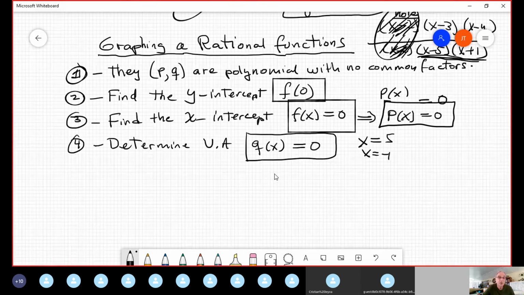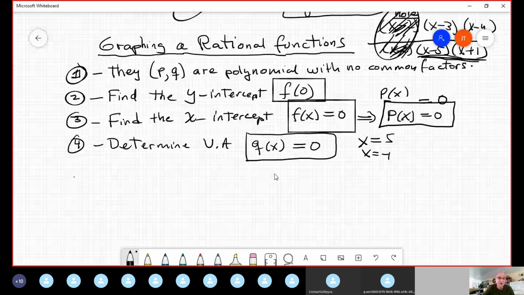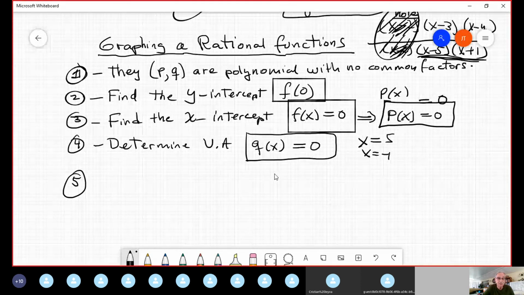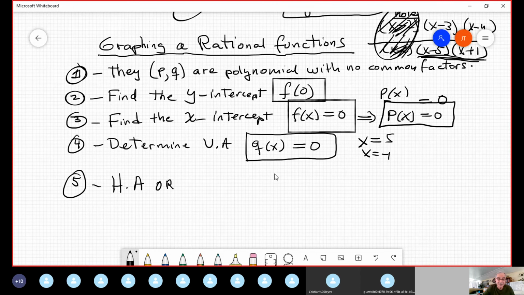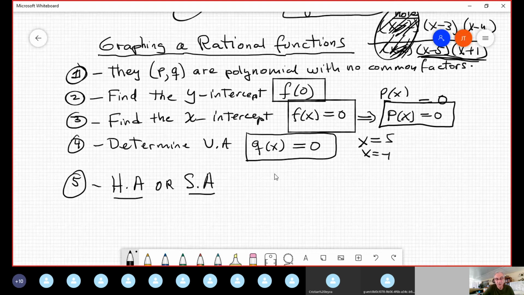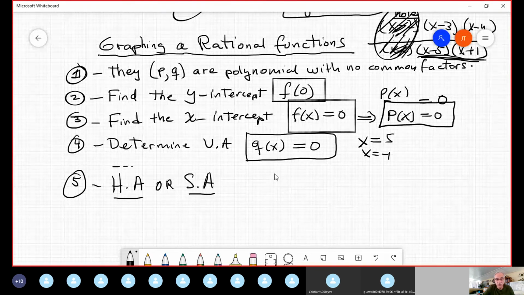Okay? Number 5 is determine the horizontal asymptote or a slant asymptote. Why do we work with both? Because they are mutually exclusive. If we have horizontal, we have no slant. If we have a slant, we have no horizontal.